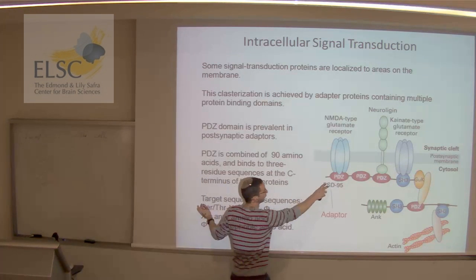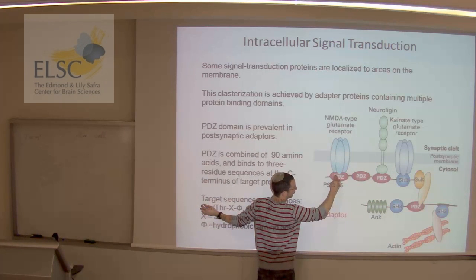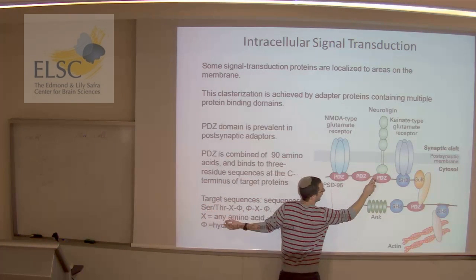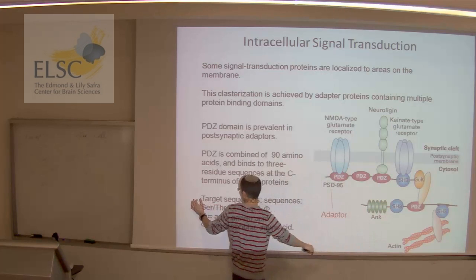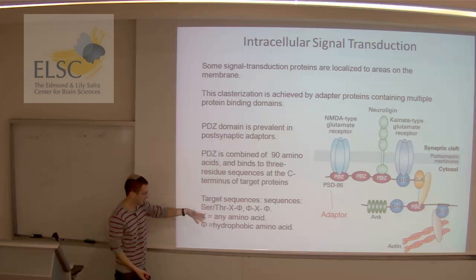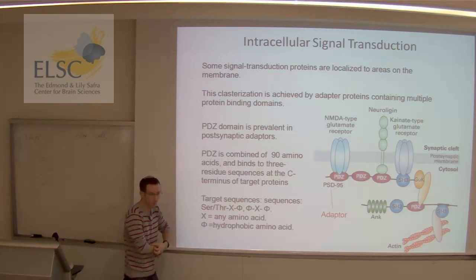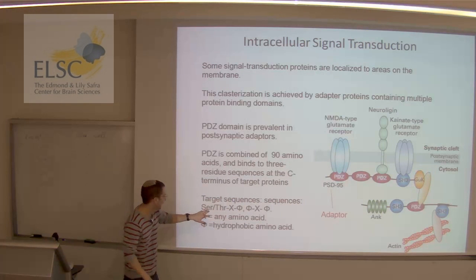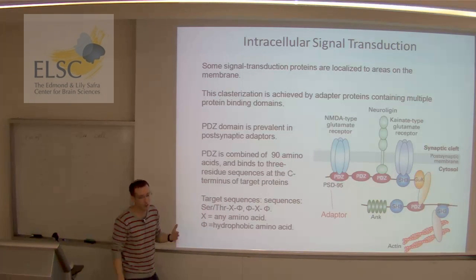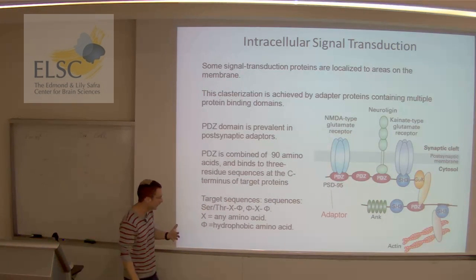So PDZ will recognize some consensus motif on this protein and this protein and this protein, and the consensus sequence will be the following. It has sort of two consensus sequences, just so you get the feeling of what a consensus sequence in proteins means.